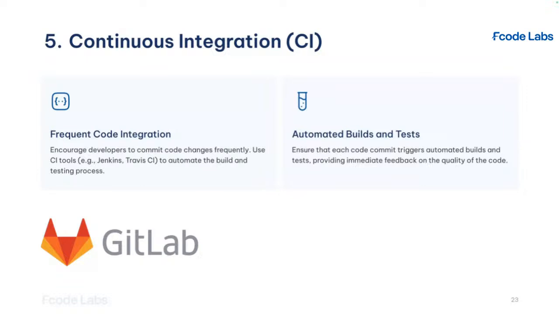Whenever you integrate your code with the code base, tests should run. Whenever you release a new deployment using continuous deployment, tests should run. So make sure you have a strong CI/CD pipeline implemented in your project. These automated builds and tests ensure that each code commit triggers automatically, providing immediate feedback on the quality of the product.